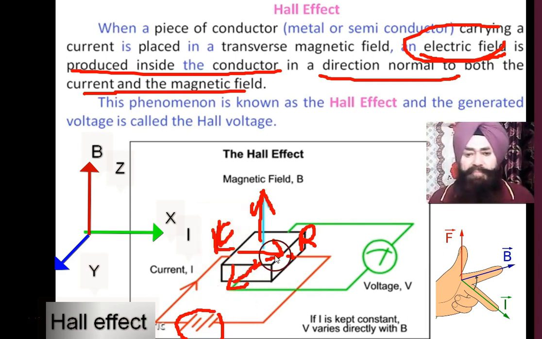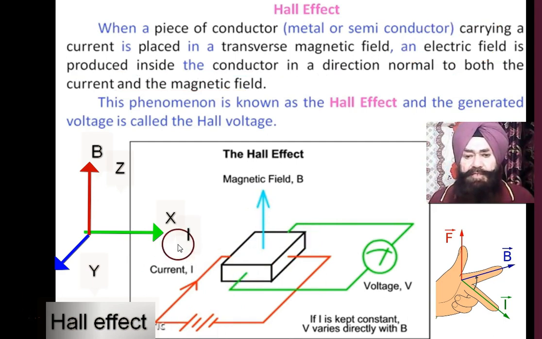Now if this strip is of metal, it means electrons are moving from this end to this end, and current is flowing from left to right. Apply Fleming's left hand rule.